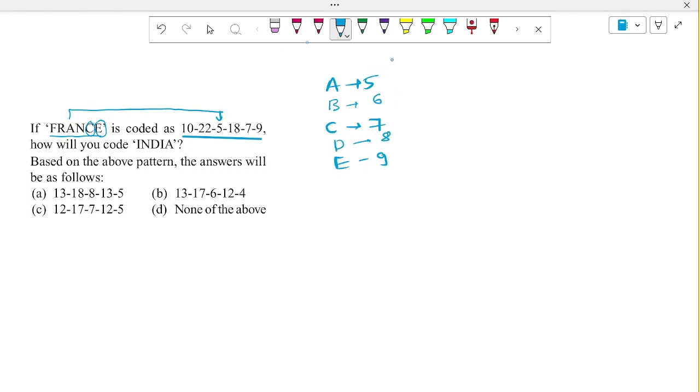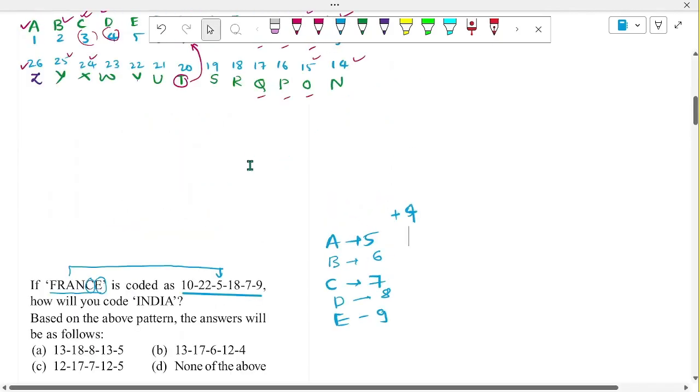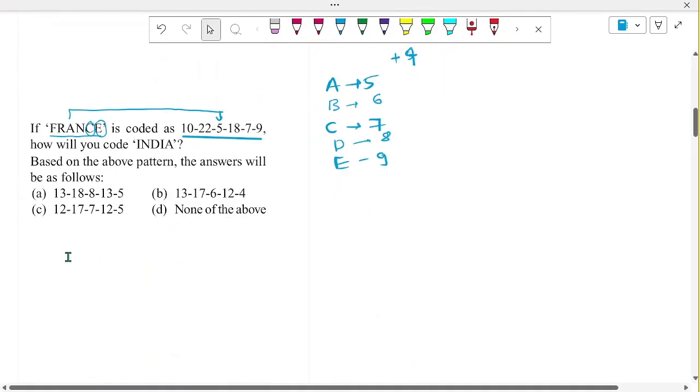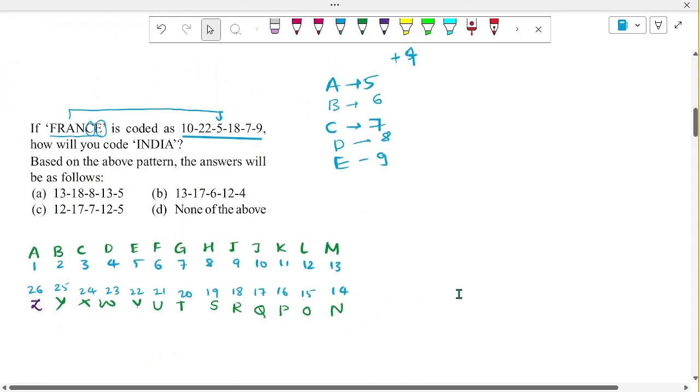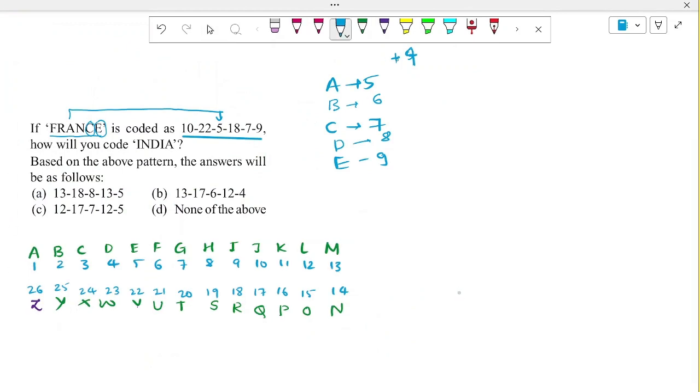They have actually added plus 5 or plus 4 to this pattern. To this pattern they have added plus 5, plus 4. That's why you can have the answer here. For A we have got what? 5. This is eliminated.